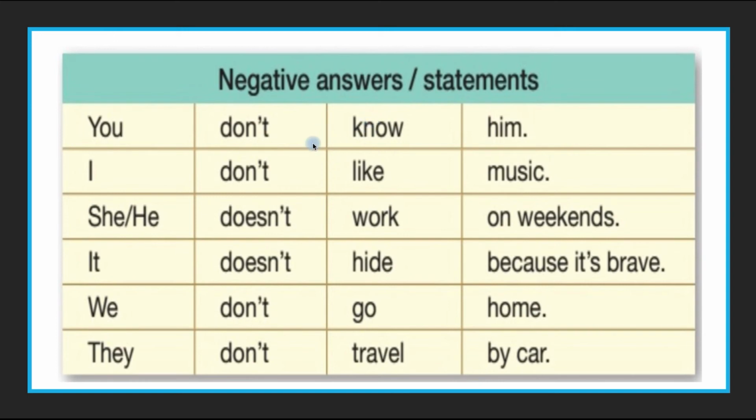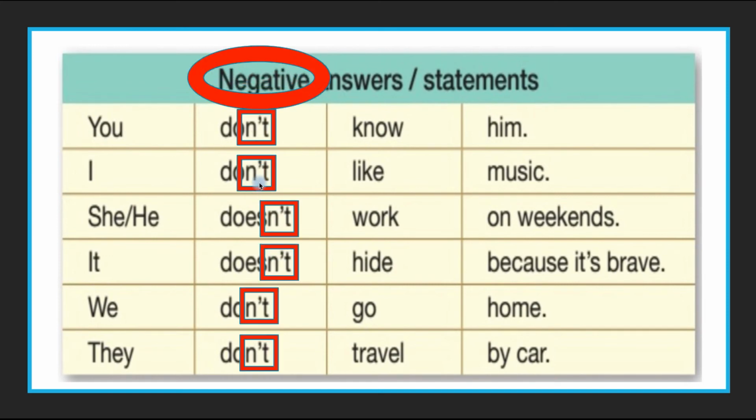So that means no. I don't know him. You don't know him. The negative marker, not, or an apostrophe t, is attached to do, the auxiliary verb do, not the main verb, right?